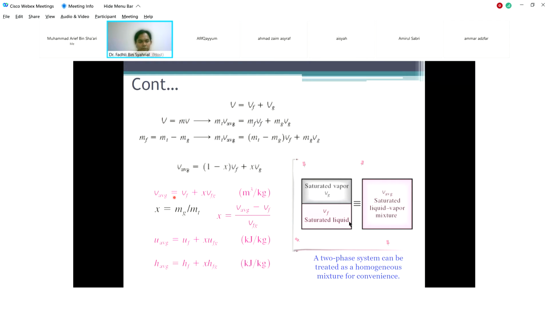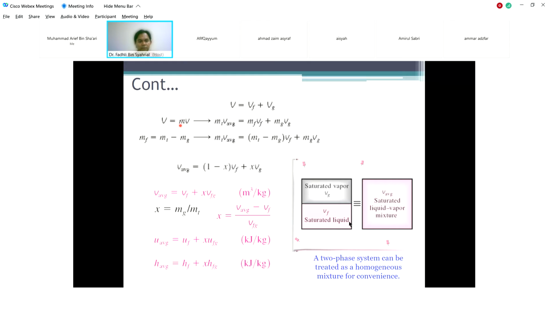So solve this equation first and then transfer the value here. We will get the total volume. I hope you understand the flow on how to find the volume. Solve this equation first, get the specific volume, and once you have it, transfer it to this equation.